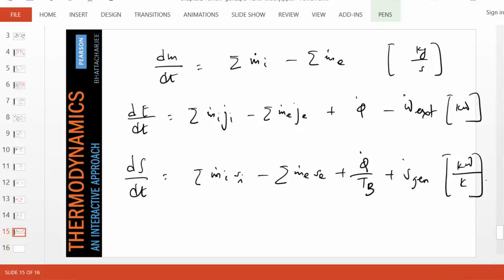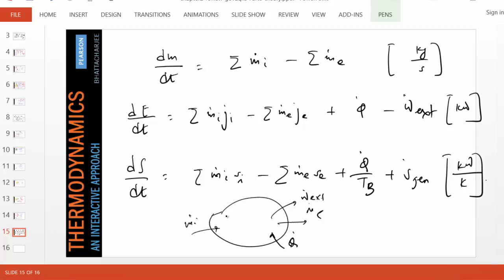One quick note: if a system is steady, the mass of the system will not change, the energy of the system will not change, the entropy of the system will not change. How do you say that? Steady by definition means that in an open system, mass is going in, mass coming out, heat going in, and maybe work coming out in different forms.